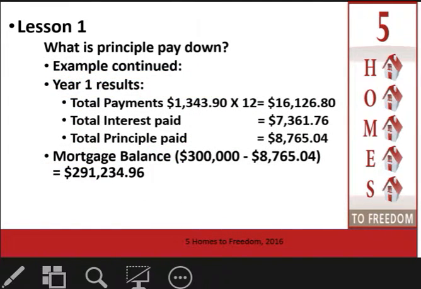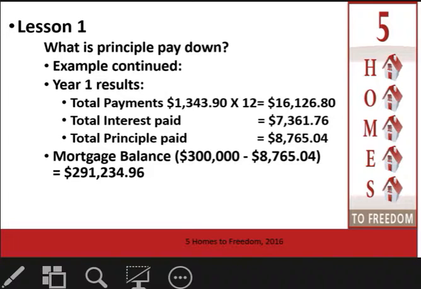So here's the example continued, and I've just transferred those numbers onto the PowerPoint presentation so you can see them a little bit more easily. So again, our total payments over the course of the year, the monthly payment was $1,343.90. We made 12 payments. So over the course of the entire year, we've paid $16,126.80.